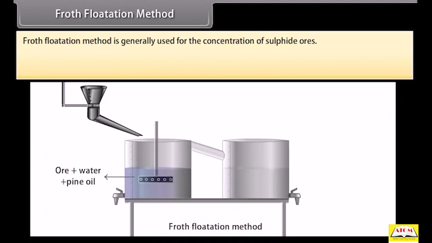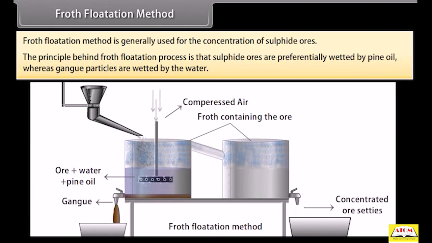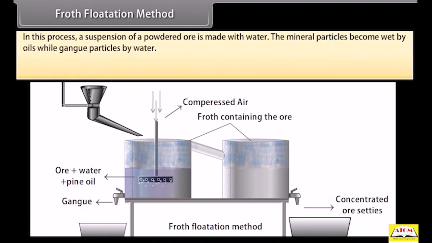This method is generally used for the concentration of sulfide ores. The principle behind the froth flotation process is that sulfide ores are preferentially wetted by pine oil, whereas gangue particles are wetted by water. In this process, a suspension of a powdered ore is made with water.